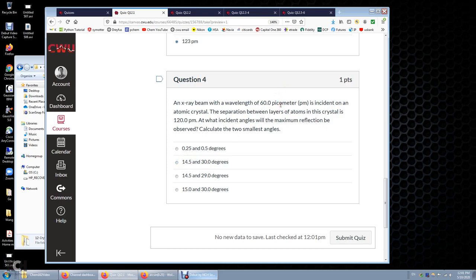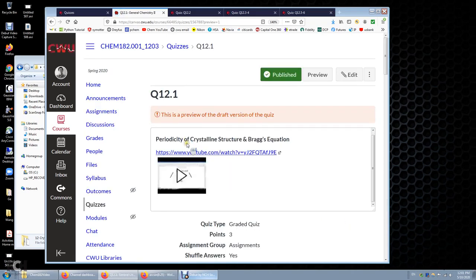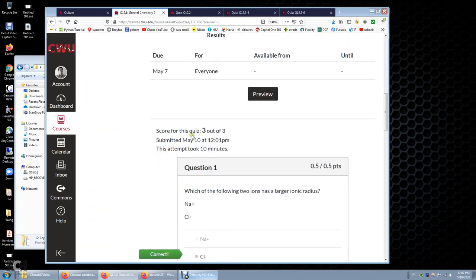And then 2 lambda is 120 picometers over 2d, over 240. That's 0.5. So we know arc sine of 0.5 is 30 degrees. So it's going to be 14.5 and 30 degrees. Let's see. 3 out of 3.